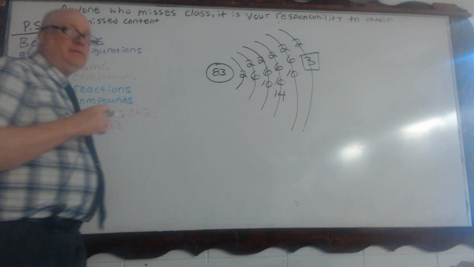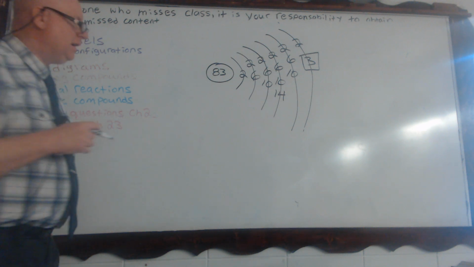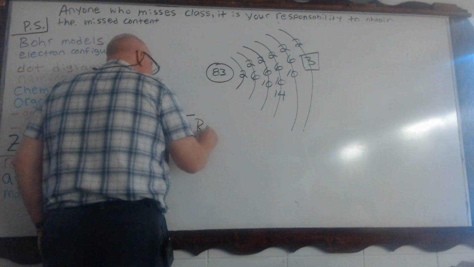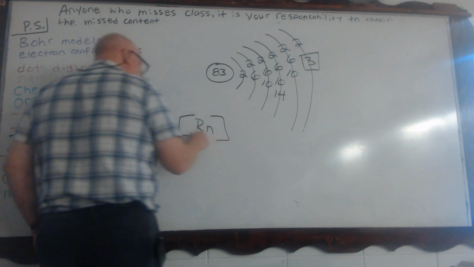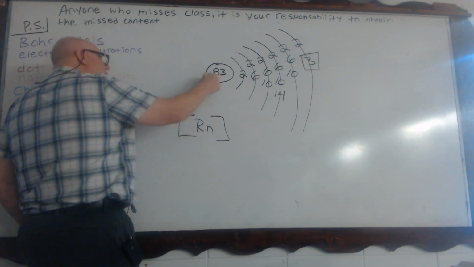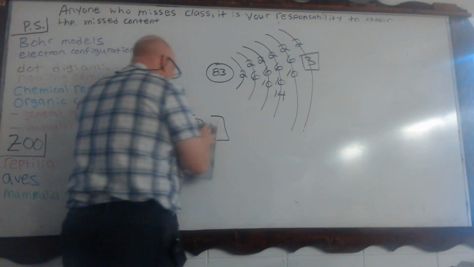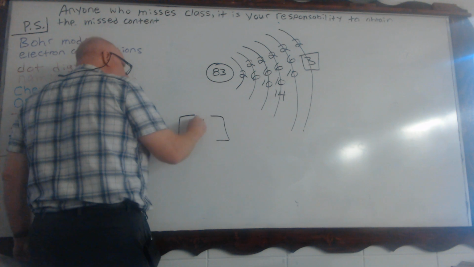We would use xenon. Notice we can't use radon because that's too big. It has an atomic number of 86, and we have 83, so that's too big. So we have to go down one more row, which is xenon.